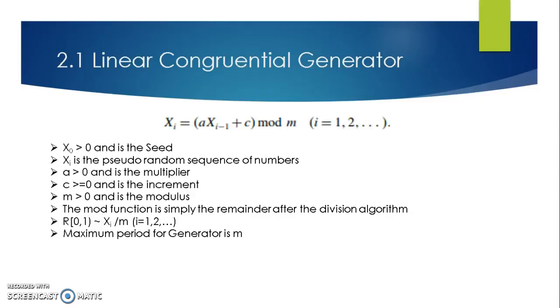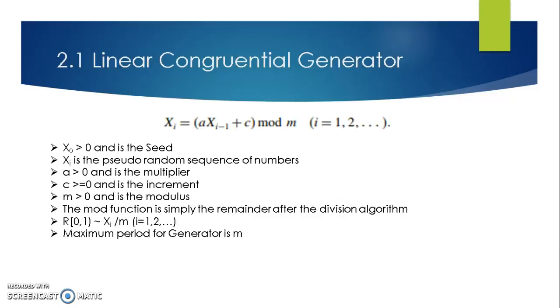Our a always has to be greater than 0, and that's the multiplier. C has to be greater than or equal to 0 in this linear congruential generator, and that's the increment, so it's what you're adding on to it. M always has to be greater than 0, and that is the modulus.